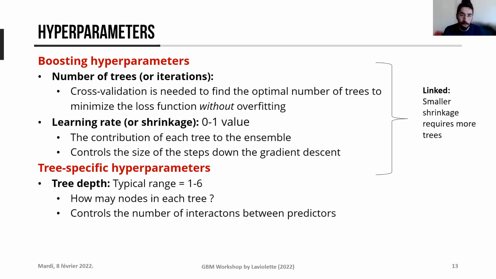What do those splits do? They actually control the interaction between the predictors. Because at the first split, you can use a first variable to split the probabilities, and then at the second split you use a second variable to split the probabilities. So if you answer 0 on the first question and 1 on the second question, it's going to get you somewhere. If you answer differently, it's going to get you someplace else.